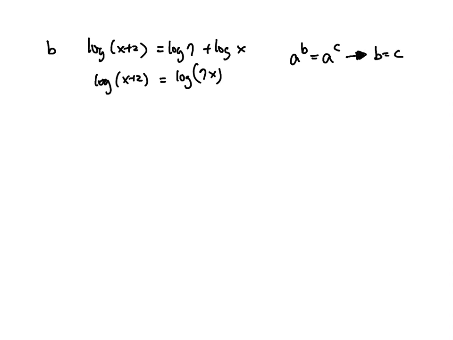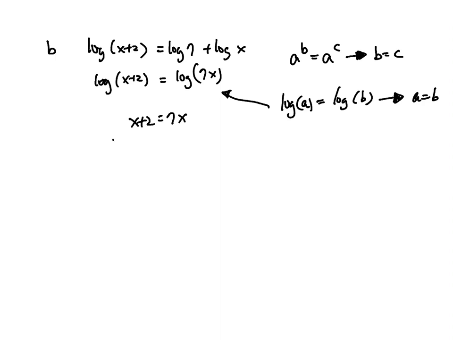So in this case, if you think about log of a equal log of b, that should make sense that a equal to b here, doesn't it? So if that's the case, we can use this rule right here. This is the same as x plus 2 equals 7x. They have the log the same base, so the inside's got to be the same.